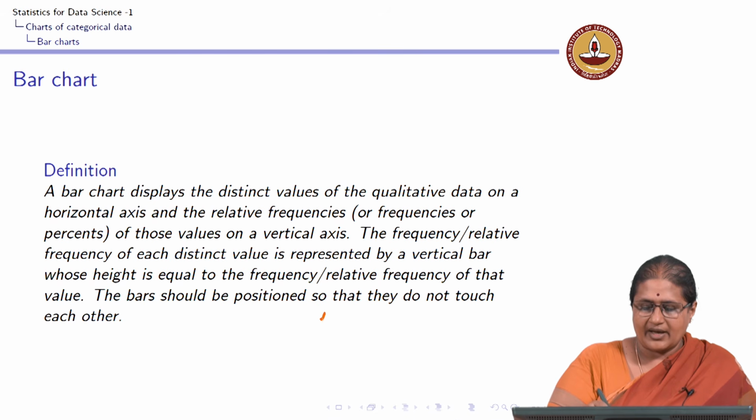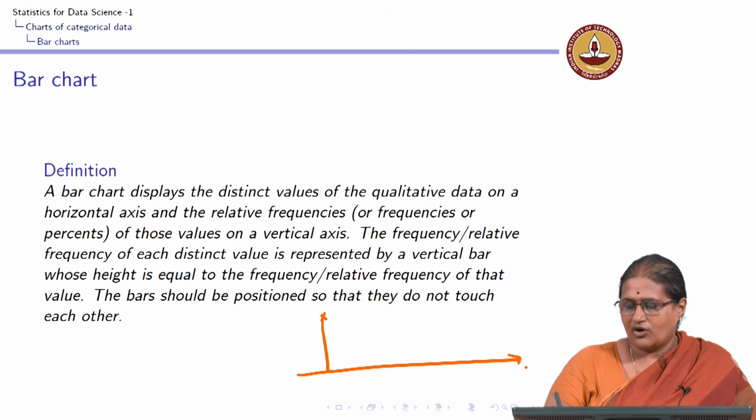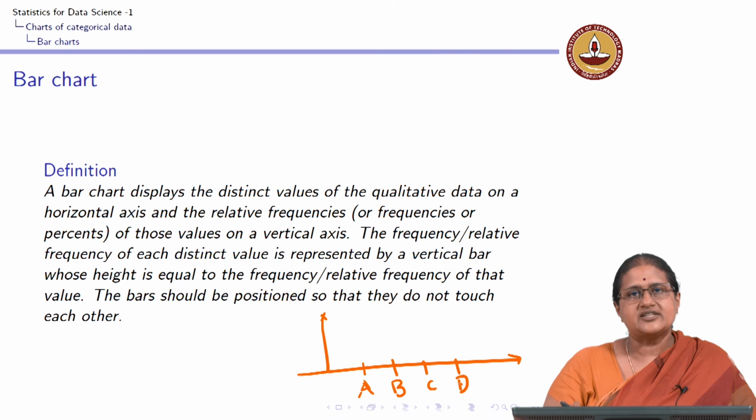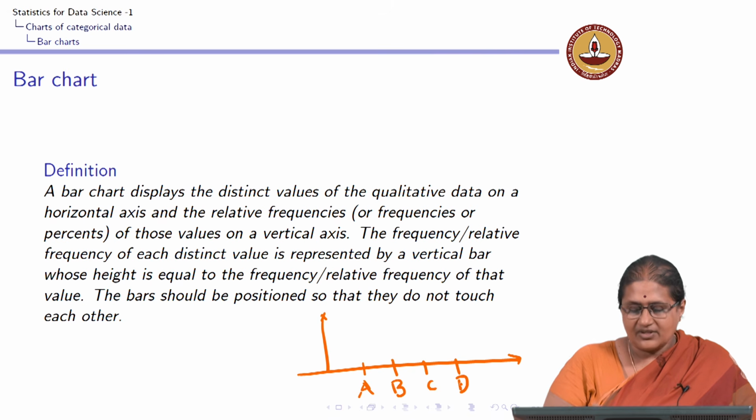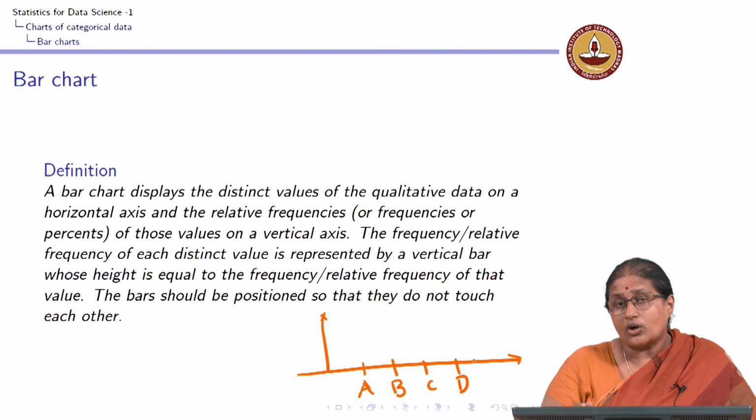So, what do I have? If I have a graph, on my axis I give the distinct values. For example, the distinct values were A, B, C and D. Now, I really do not care whether it is B, A, C, D, because there is no order in this particular variable.